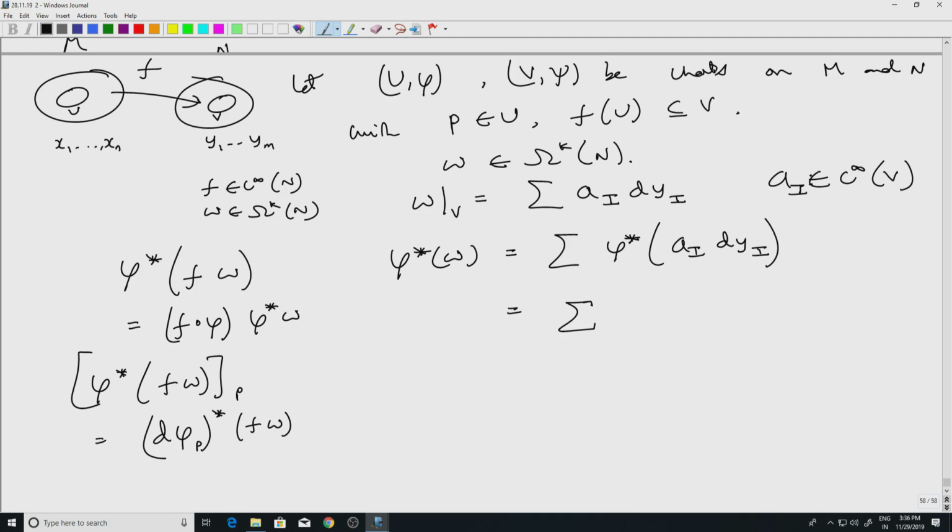Now d phi at P is a linear map from T_P M to T_phi(P) N. So the corresponding form here is being considered at phi of P.